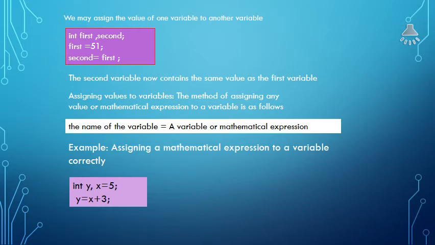The method of assigning any value or mathematical expression to a variable is as follows: the name of the variable equals a variable or mathematical expression. Example, assigning a mathematical expression to a variable correctly: int y, x equals 5. Y equals x plus 3.